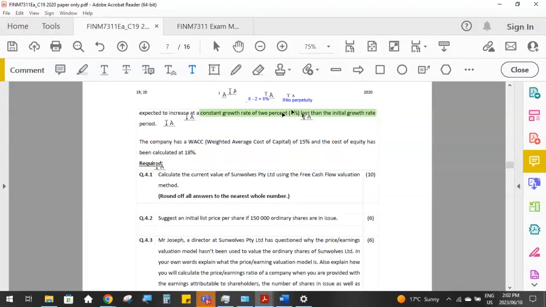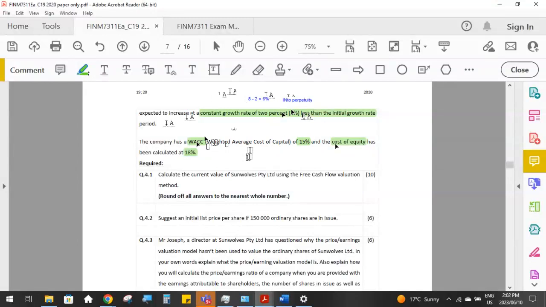Then they give us two pieces of information. The WACC, which is the weighted average cost of capital, is 15%, and the cost of equity is 18%. So remember our weighted average cost of capital, and you'll do this in the first learning unit in your second semester, doing calculations. How do you calculate what the weighted average cost of capital is for a company when they've got 3 or 4 different sources of funding?